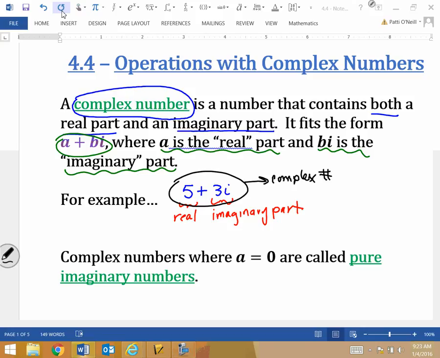Now, any complex number where the a value is equal to 0 is considered to be a pure imaginary number. And those are the kinds of numbers that we were working with earlier in the section that we did together in class. So the pure imaginary numbers are the values where we have a 0 in this spot here. Instead of having a real number there, we have 0, which would just leave us with the imaginary part.